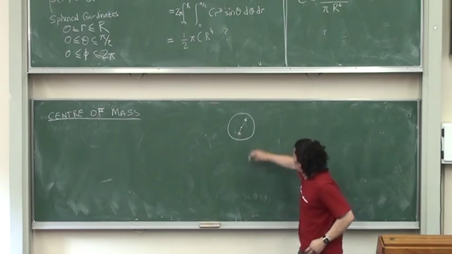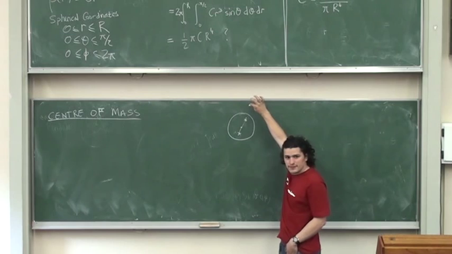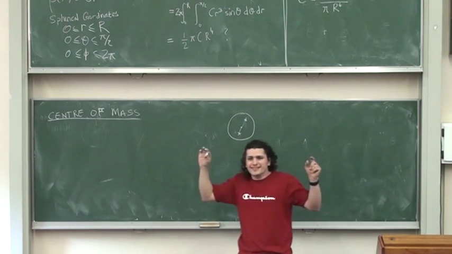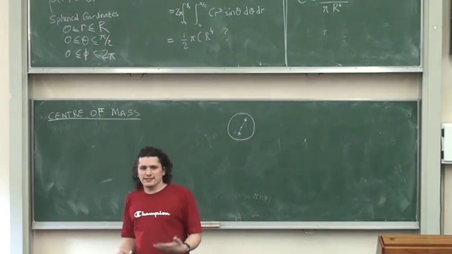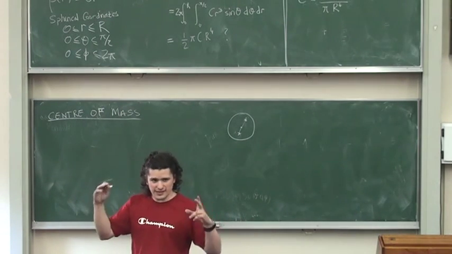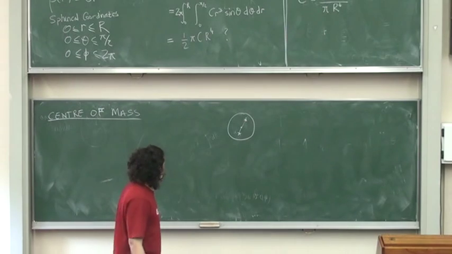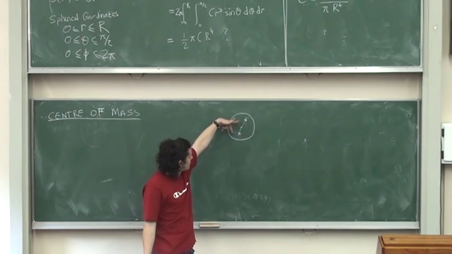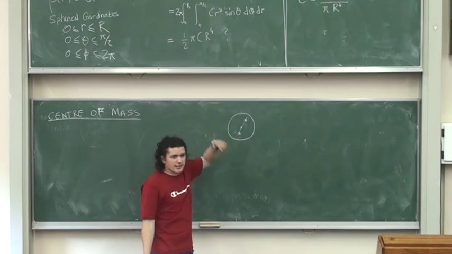So this piece pulls the center of mass that way. This piece pulls the center of mass that way. They both have the exact same mass because the mass distribution is still symmetric about x and y. So when I add them up, they'll be pulled that way and back again, and they'll be right in the middle.